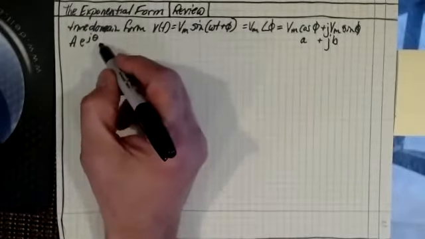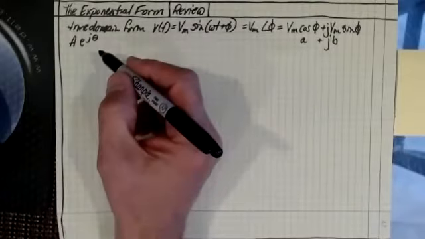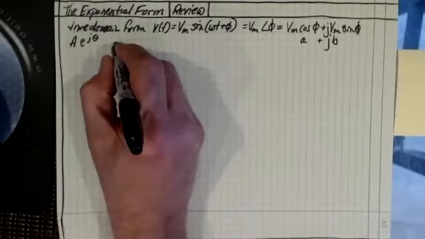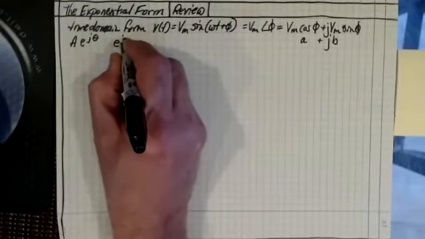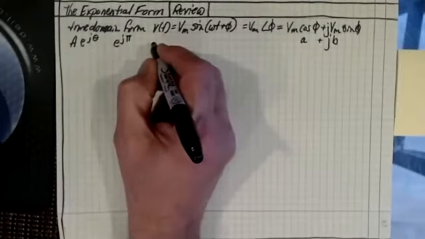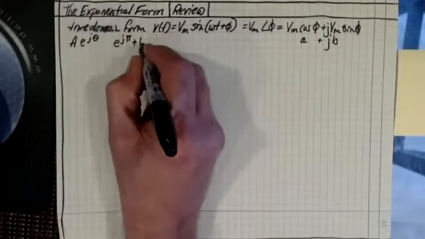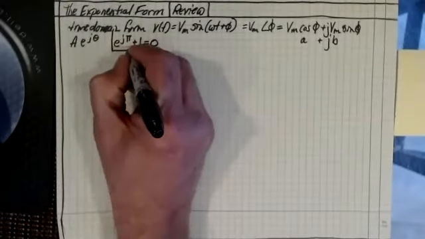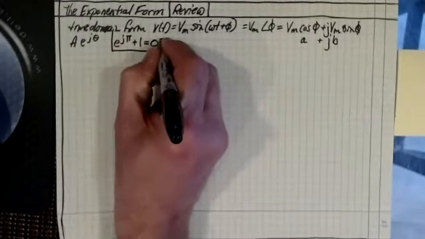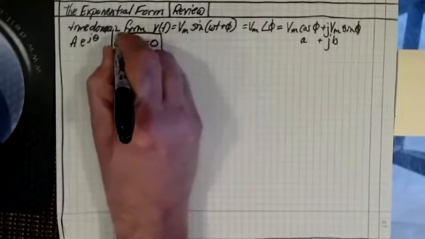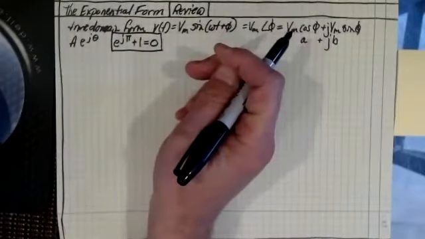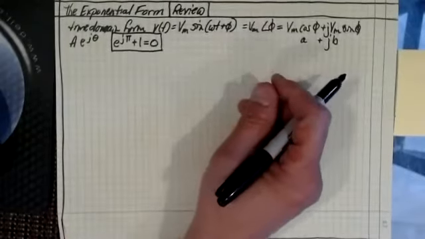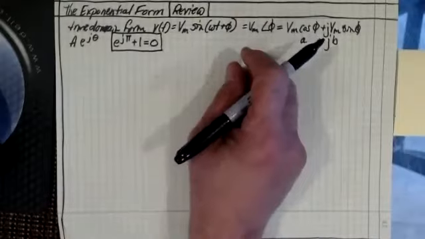What I want to point out to you is this truth, right? E to the j pi plus 1 equals 0. That's what we want to look at today.